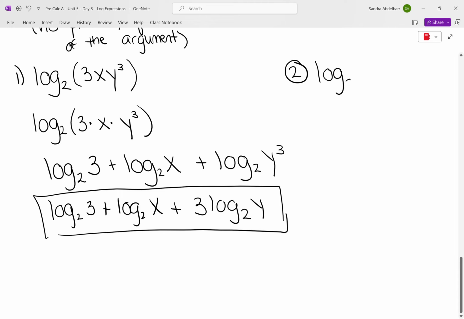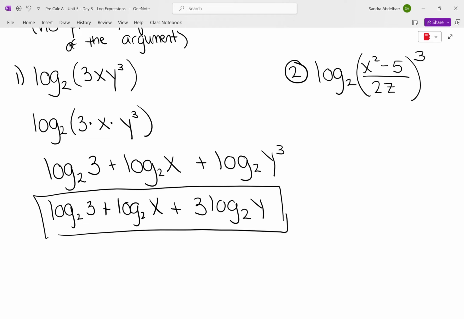All right, next one. I'm going to have log base 2 of x squared minus 5 over 2z raised to the third power. Okay. See the difference. See how this exponent was just on the y, and see how this exponent belongs to the whole argument?